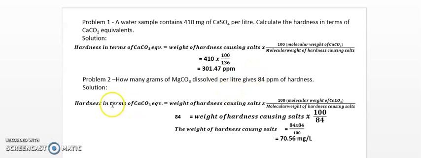Now the next problem: how many grams of calcium carbonate dissolved per liter gives 84 ppm of hardness. Here we know the hardness, that is 84 ppm.